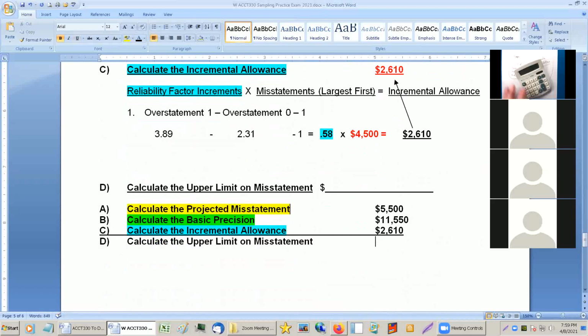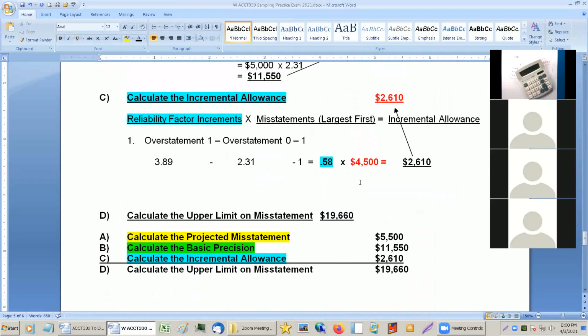All right, 26 plus $19,660. And so this is the number that the financial statements could be off, given the information we have.